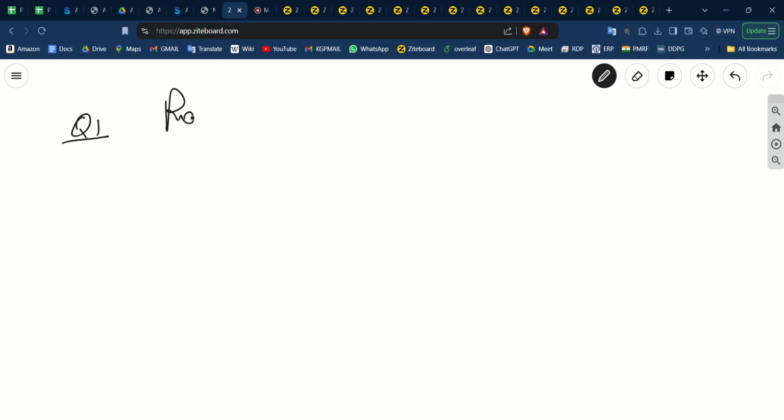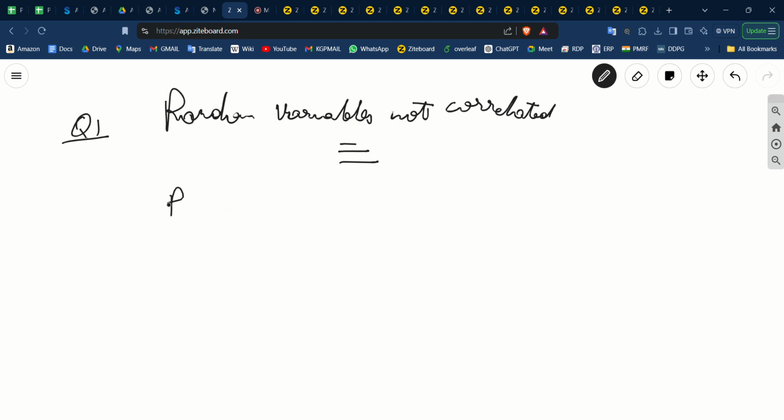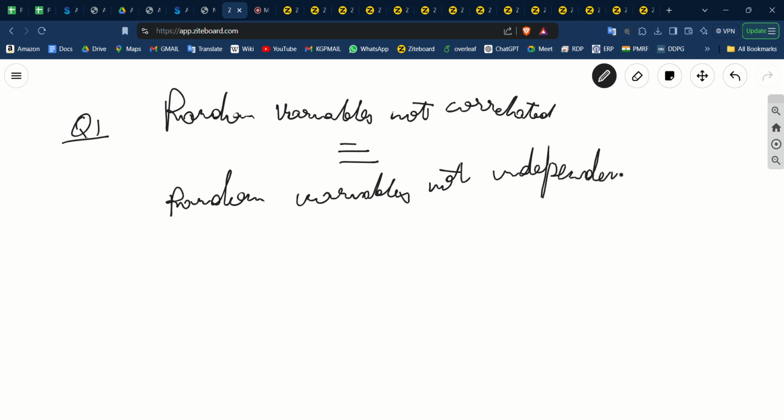So random variables not correlated is identical to random variables not independent. In the terms of probability theory, they are the same thing. So not correlated means not independent.